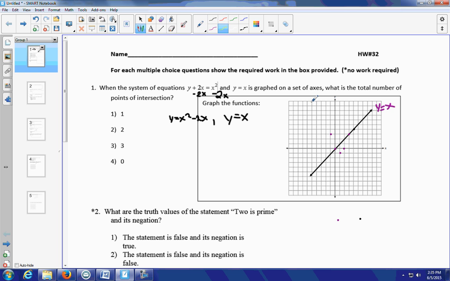And so I have this parabola that I can graph. You're going to have to bear with me because I'm doing this with a mouse. I can label this parabola y plus 2x equals x squared. But what it's really asking me is for the total number of points of intersection, and in this case it crosses twice.